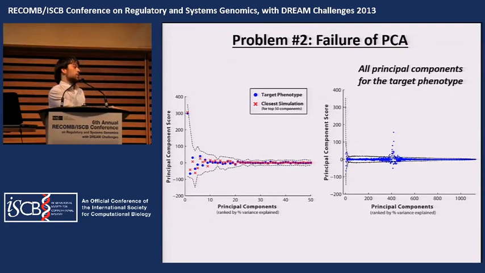But if you consider not just the top 50 principal components, but all principal components, and you look again at the target phenotype, you see this very interesting cluster of principal components, all of which have a high score or high magnitude, suggesting that there's really something important going on out here.